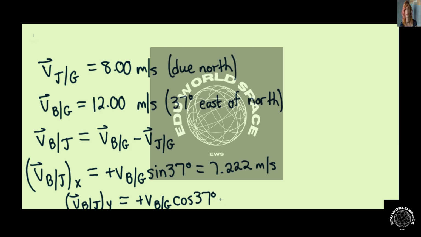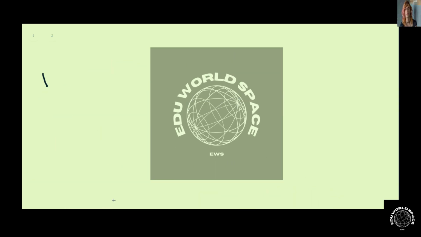And this would be minus the velocity of Juan relative to the ground, because he is traveling due north. And this would be equal to 1.584 meters per second.